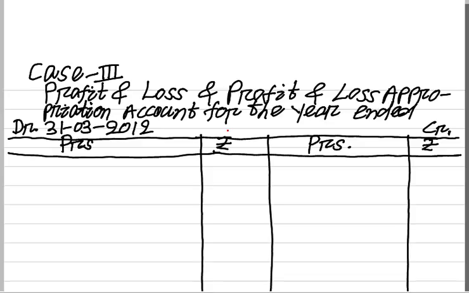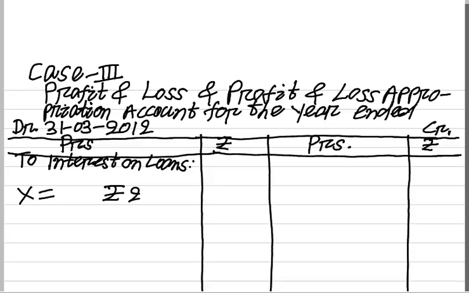you see this is to interest on loans for X, as you know it is rupees 2400. That of Y it is rupees 1200.